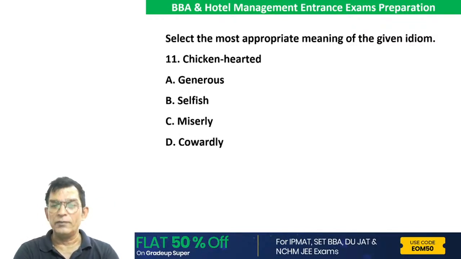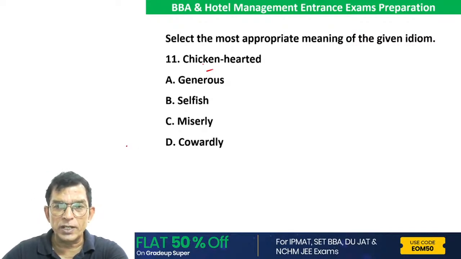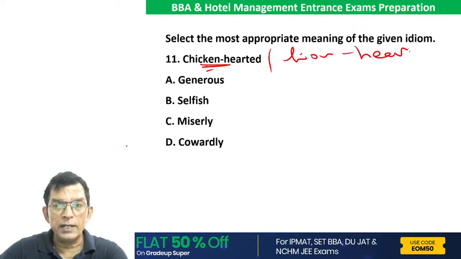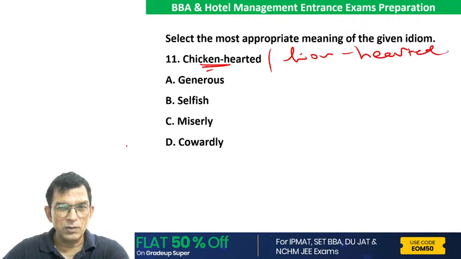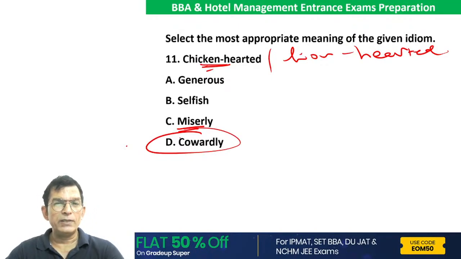The answer should be cowardly. Very good, Ananta. If somebody is chicken-hearted, he is not lion-hearted. The opposite is lion-hearted, a very brave, very courageous person. Chicken-hearted is having a very small heart, and it can also mean miserly, but it is usually used in the sense of cowardly, not having the courage.